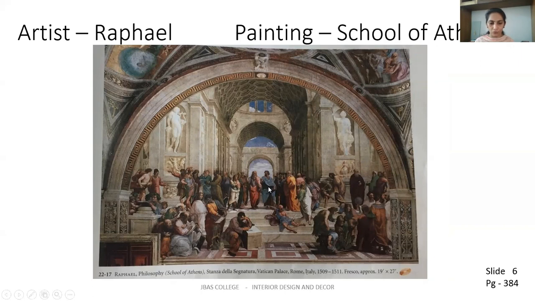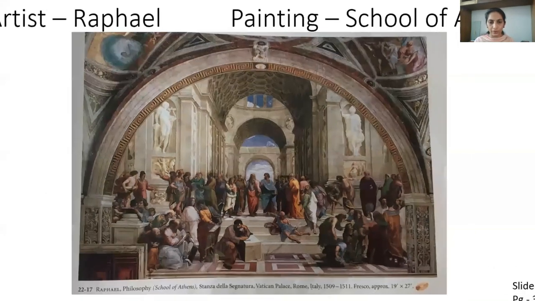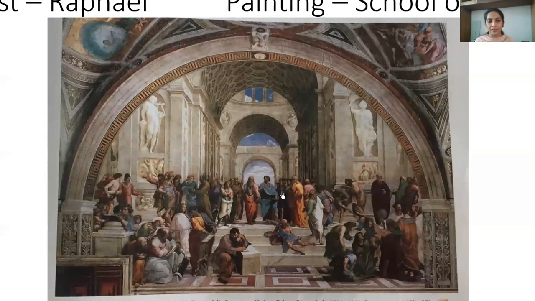Now, if I can zoom and show over here, in the center, you can see the hand of Plato is showing towards the skies, and that represents that all that is happening in the worldly is only a temporary phase, and everything has to go towards God, the ultimate creator, who is there in the skies.